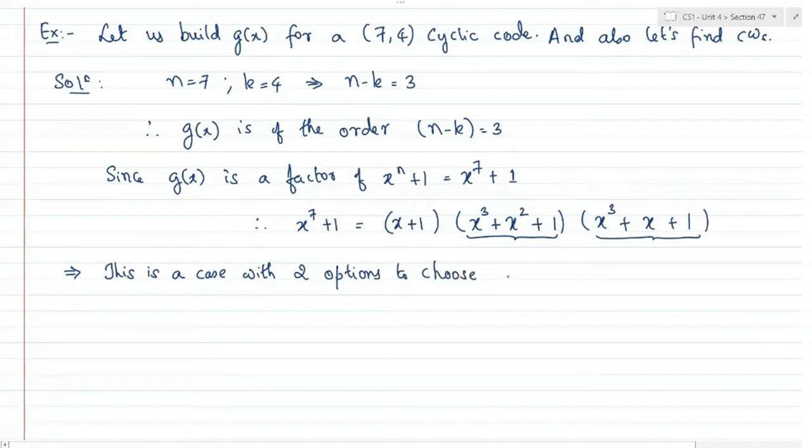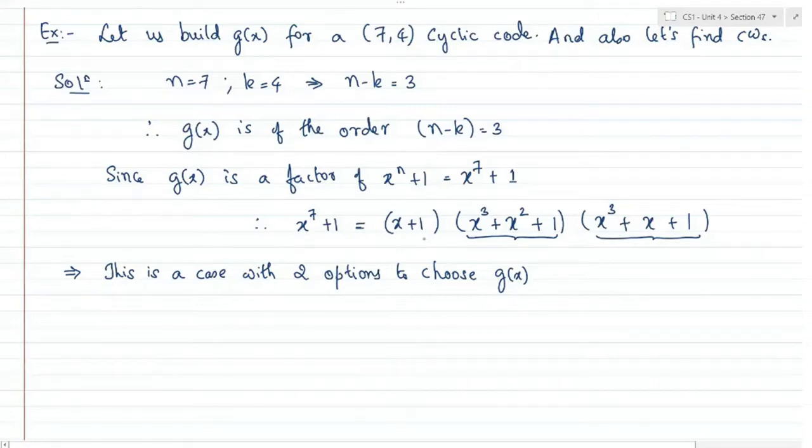By factor, there should be no remainder. Exactly, it should be divisible by that. Factor means common factors. X power 7 plus 1 has a factor which can be represented like this.